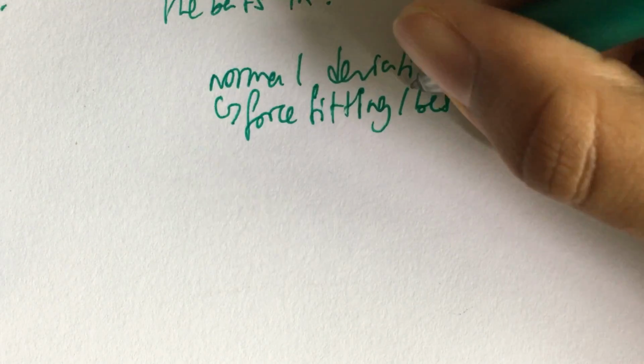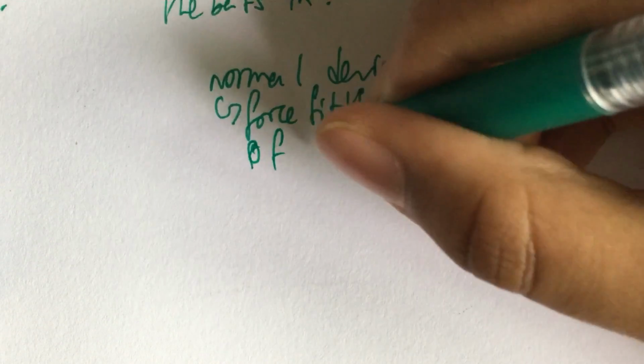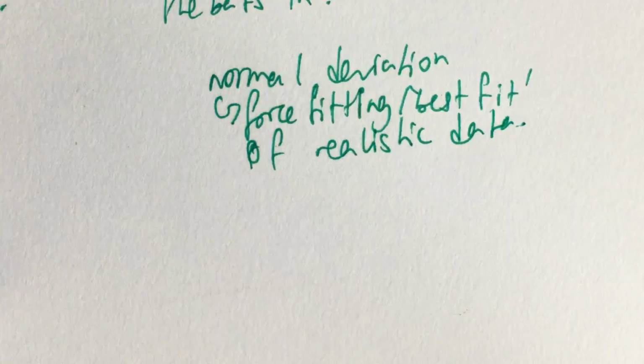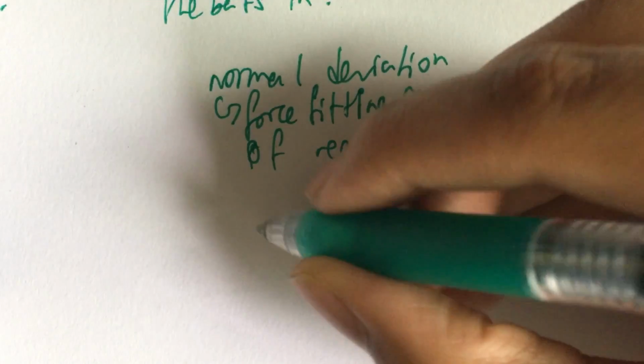So it's more of an approximation of the realistic scenario rather than a fully realistic thing. That's why you have your standard normal distribution, which is a simple little bell curve that doesn't have any bumps or anything else involved in it.